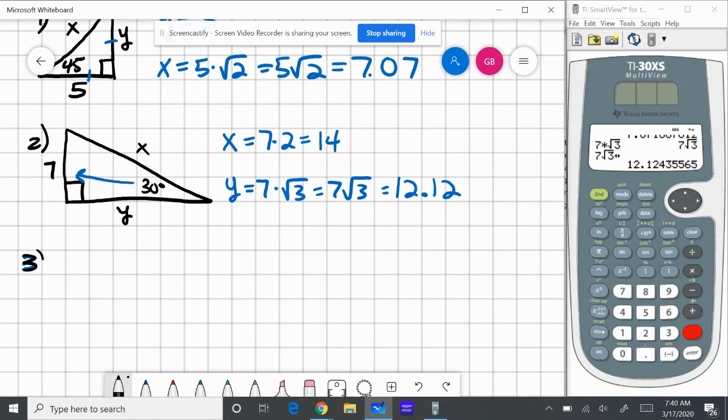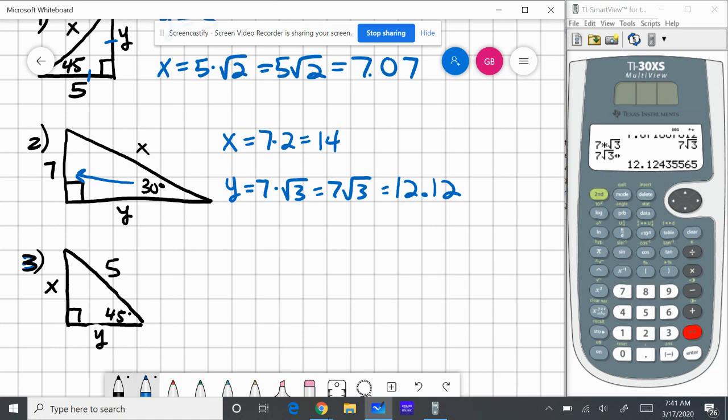Let's try another. I'm sorry, let's change this up a little bit. I want the hypotenuse to be 5 this time. Okay, so this time we're given the hypotenuse.